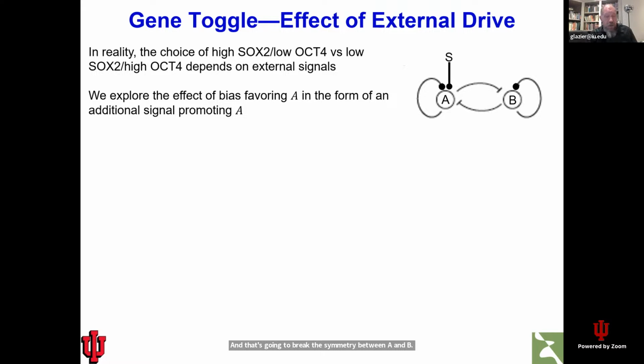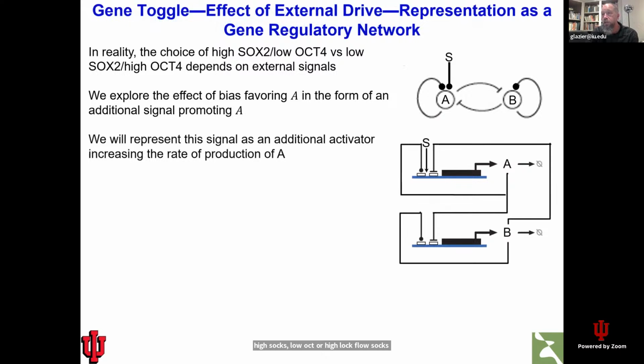In particular, in embryos, the cells that are on the outer surface of the embryo get different information from the cells that are further in. And that gives a bias to whether they're going to go high SOX, low oct, or high oct, low SOX. And so there are different ways we could include that activator.